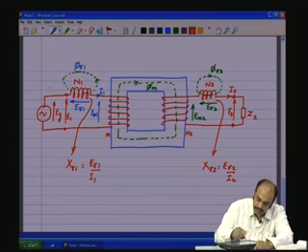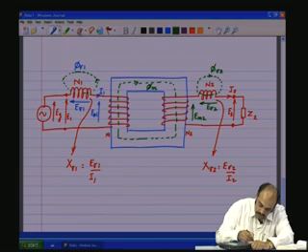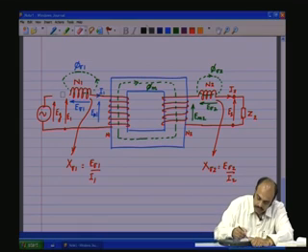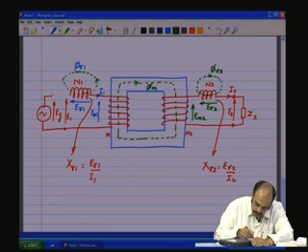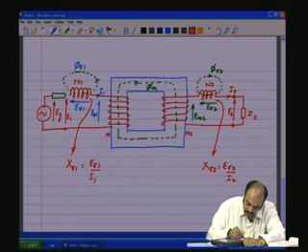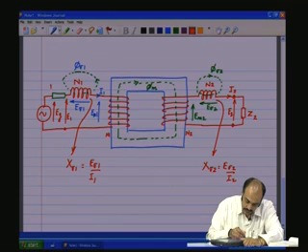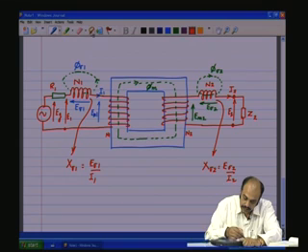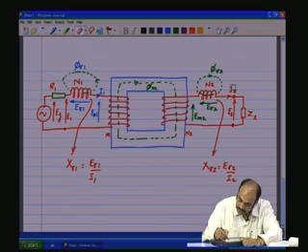So, we bring out here the resistance of the coil, and say that this is R1, and then we bring out the resistance of the coil on the secondary side, and that we call R2.